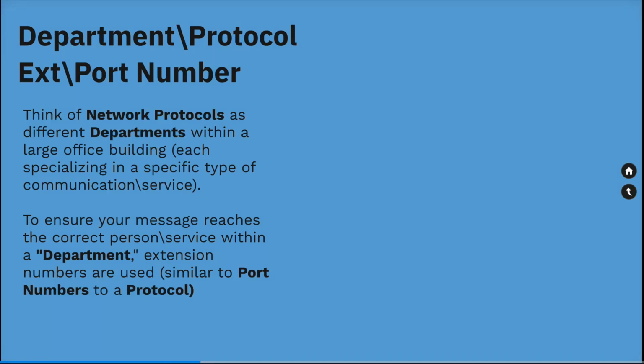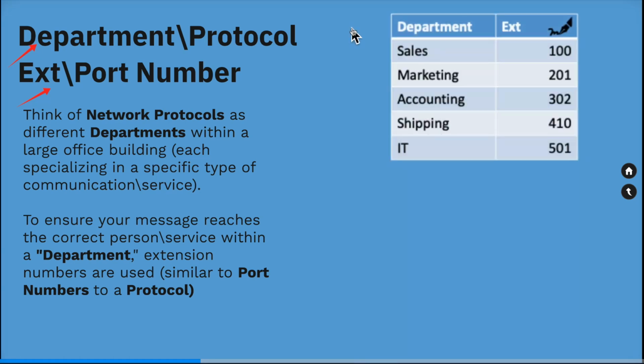Now let's compare how protocols work in terms of a department and then an extension. In this analogy, we have a department which may contain sales, marketing, accounting, shipping, as well as IT. These would be the port numbers, or the extensions, utilized to identify the department.